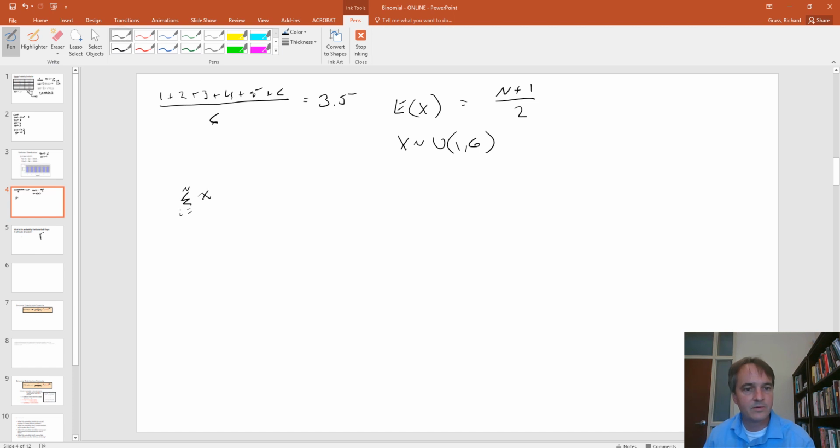We're adding up all of these x's, and then dividing by 6. Well, 6 is n, so we can bring it out front: 1 over n times the sum of all of these integers. So why is this the same as n plus 1 over 2? We have to figure out why this expression is equal to this expression.